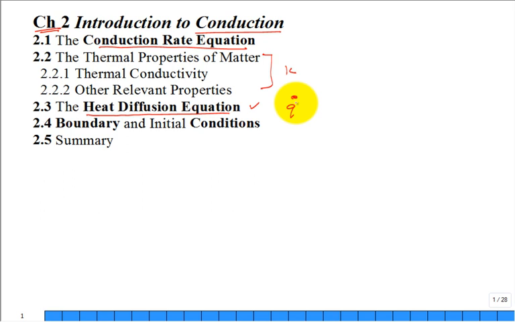All right, and then we have boundary conditions. With the nice differential equation, mathematically we can solve. You could solve for things like what's the temperature distribution in this material. Once you know the temperature distribution, what's the heat flux? How is the heat flowing through this material? That's the whole chapter.